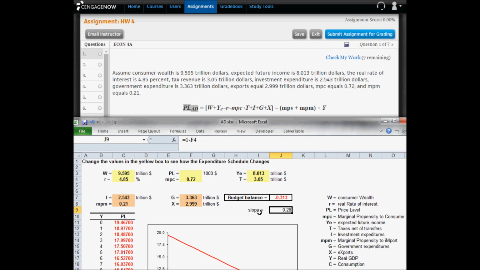So the marginal propensity to save is 0.28, which implies if you're given $1 tax-free, you spend 72 cents of it, you save 28 cents of it. To that we add the marginal propensity to import. So the slope of the aggregate demand model is 0.49.